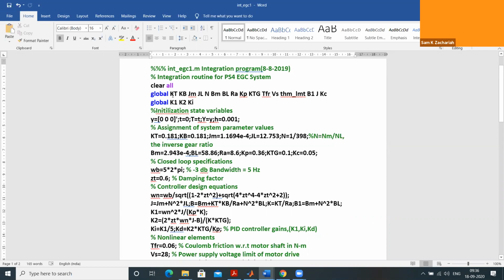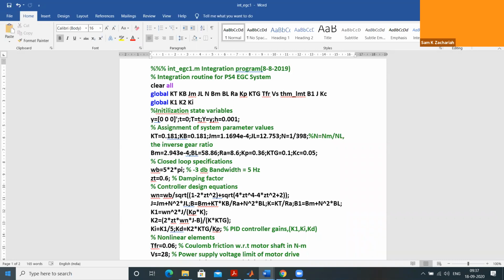So if you initialize KT, KB, etc. in one of the program routines, that initial value will be carried to all the programs. It's a safe practice to initialize all these variables in the integration routine itself. If you initialize the variables in multiple programs, when you change the value, you will sometimes forget to change it in one program and only change it in the other, and there will be confusion.